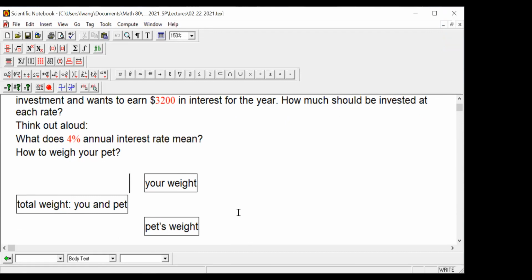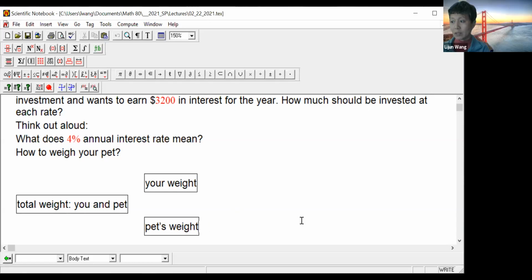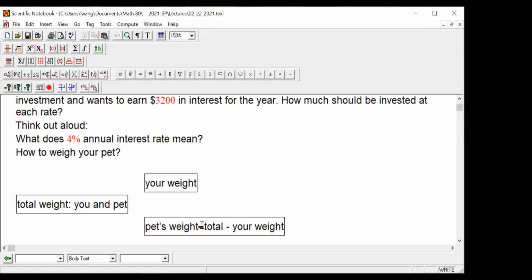So the pet's weight is going to be the total weight minus your weight, right?